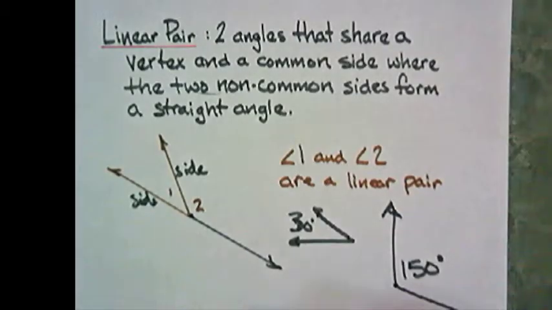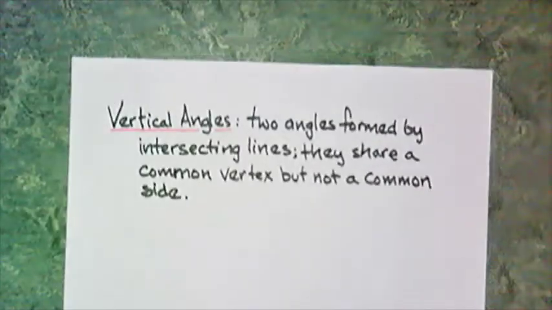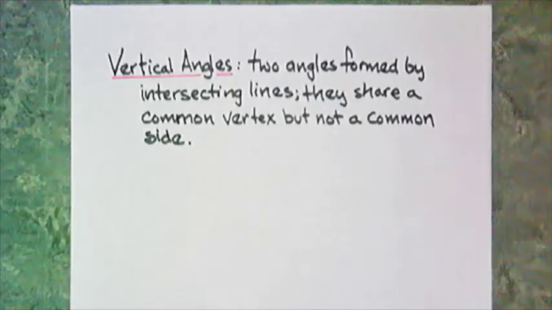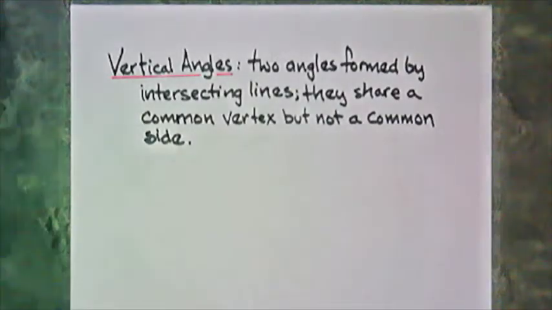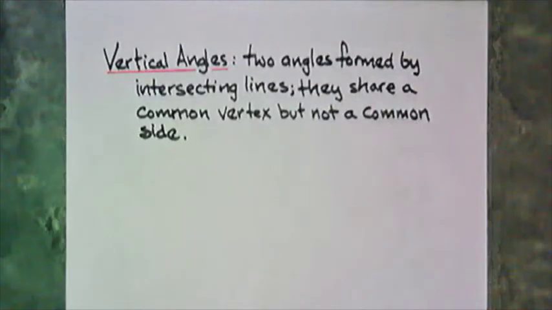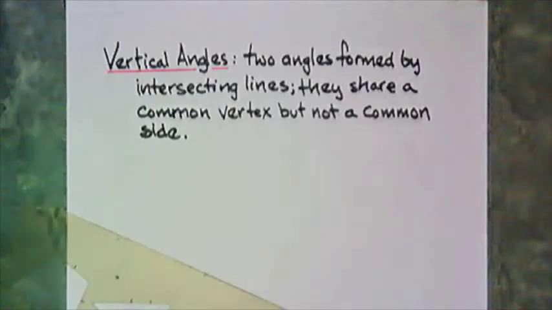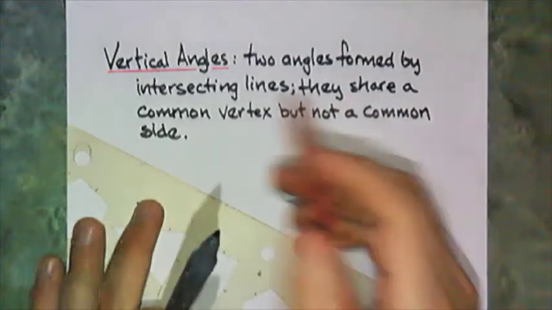Now, let's have another new word. I have a definition. This is called vertical angles. And vertical angles are two angles formed by intersecting lines that share a common vertex, but not a common side. So they share a vertex, but not a common side. Important that we're intersecting lines.